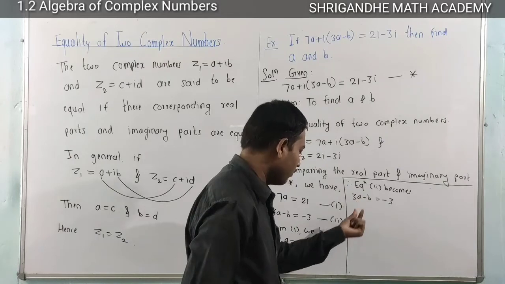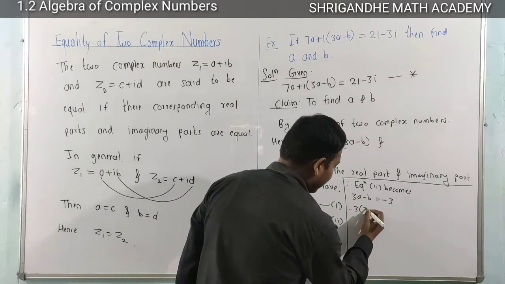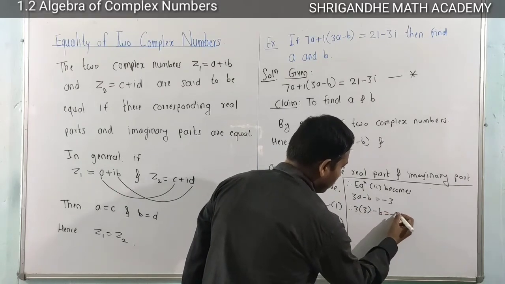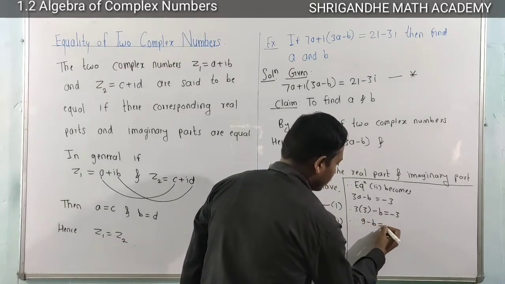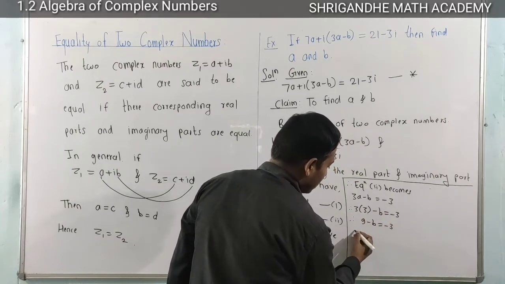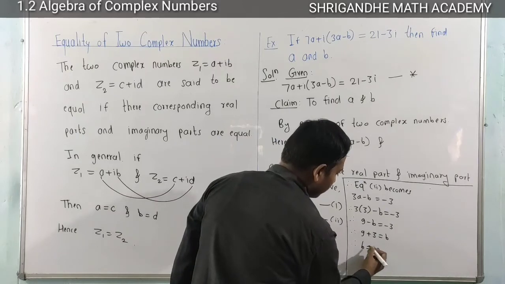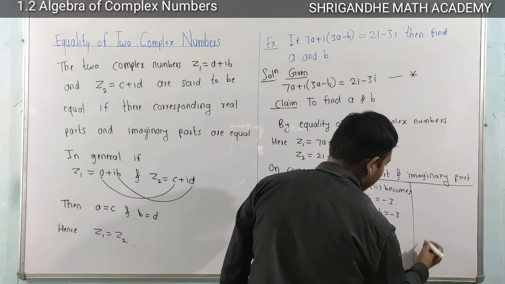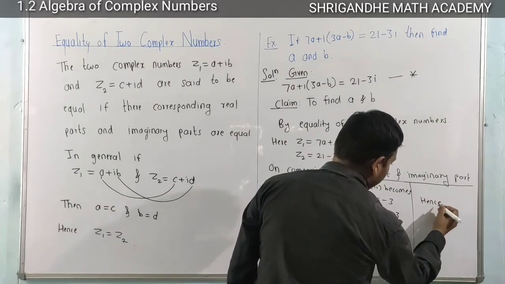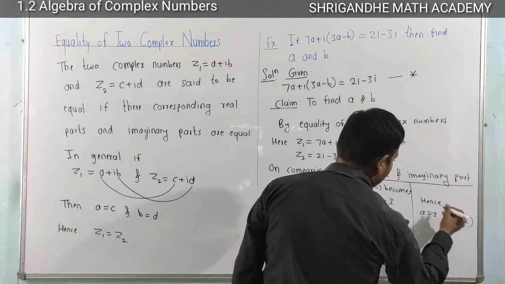Therefore in place of a we put 3, so this becomes 3(3) minus b is equal to minus 3. Therefore 3 3s are 9, minus b is equal to minus 3. Therefore 9 plus 3 is equal to b. Therefore b is equal to 12. Hence a is equal to 3 and b is equal to 12.